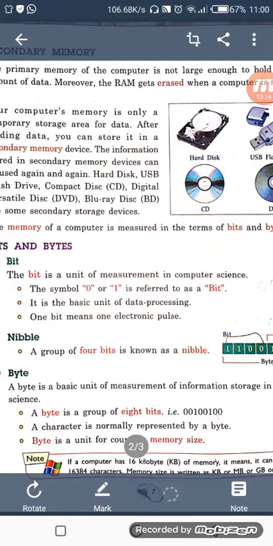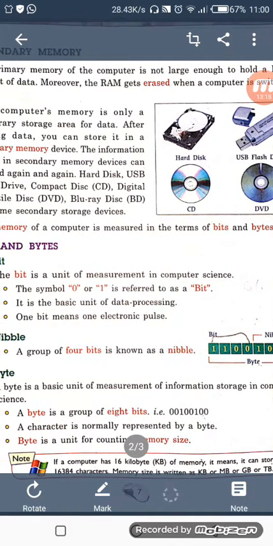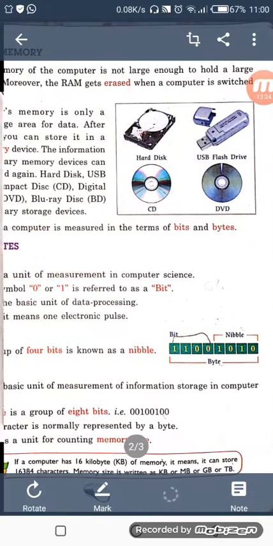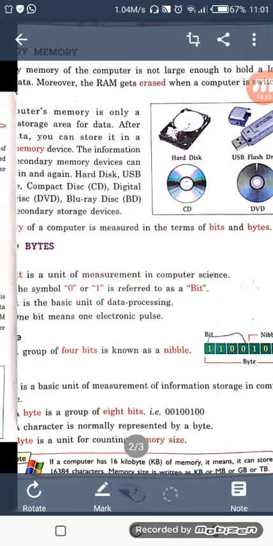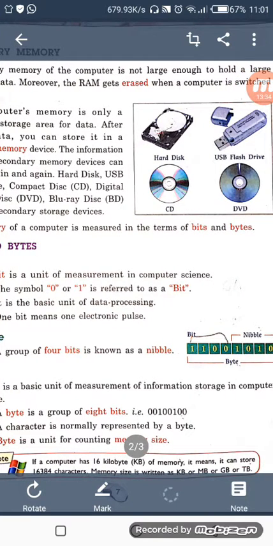It is the basic unit of data processing. Whether 1 or 0, either 0 or 1 is called a bit.